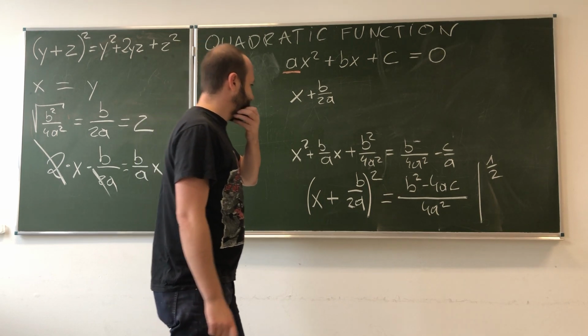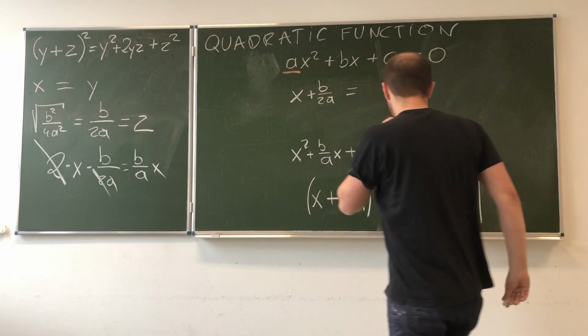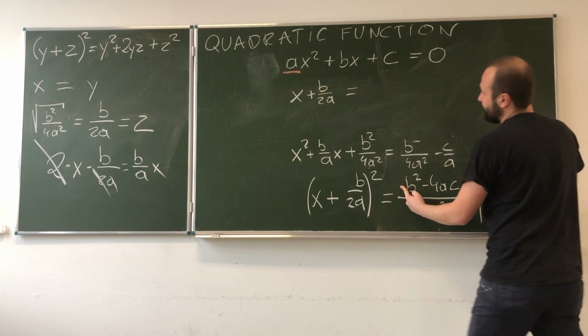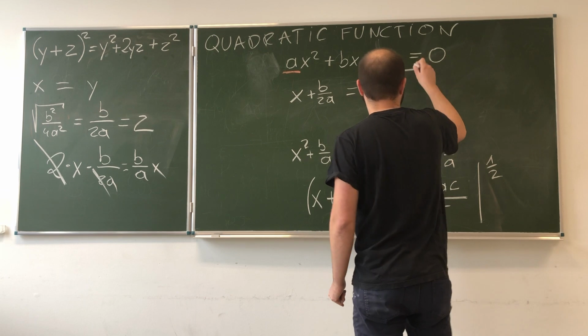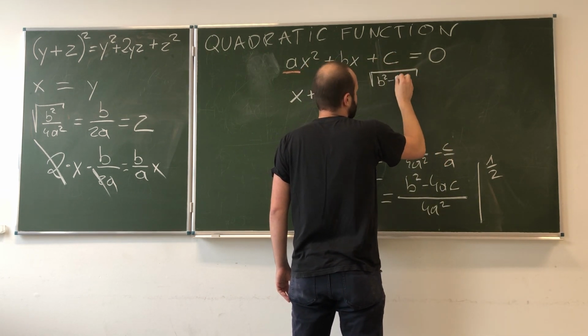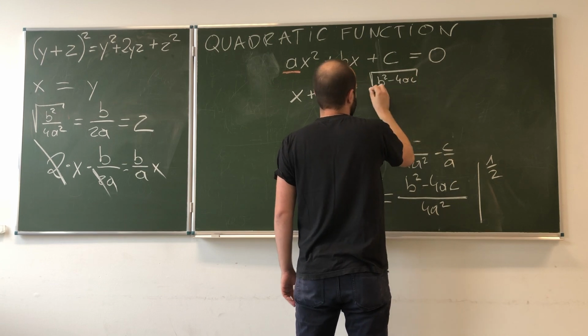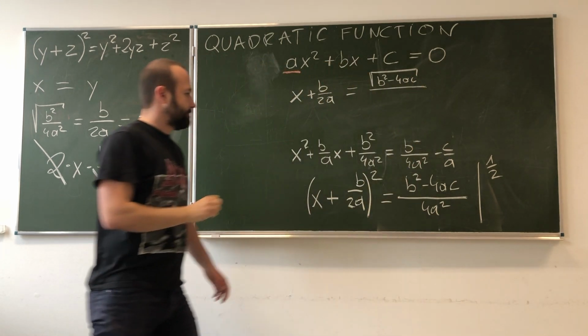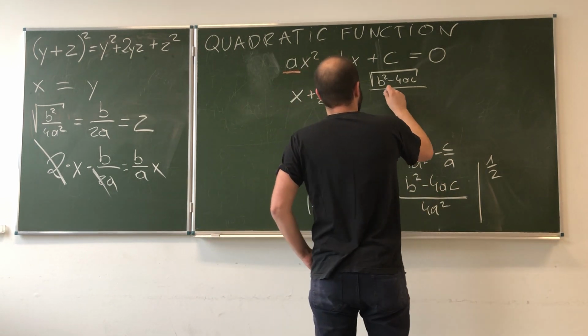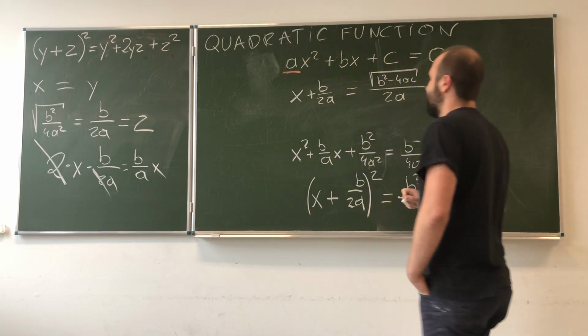Well, on the other hand side, we should have square root of this and square root of this, and square root of this is 2a.